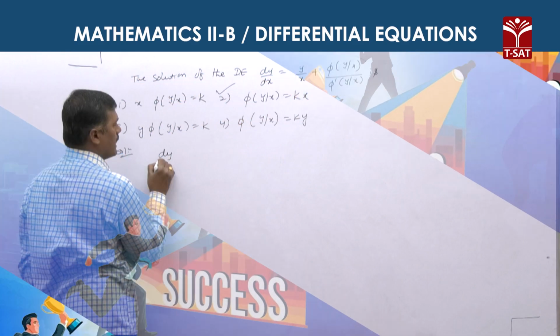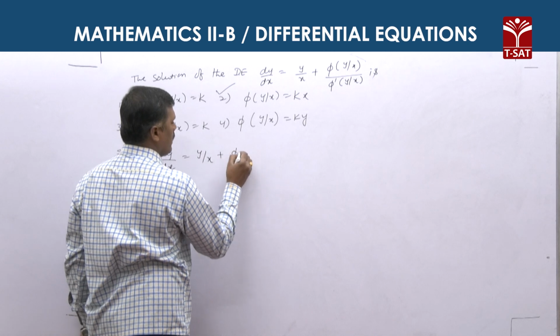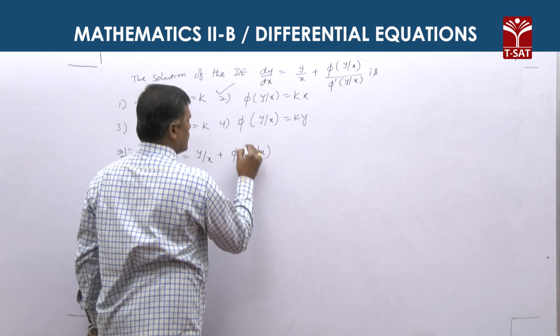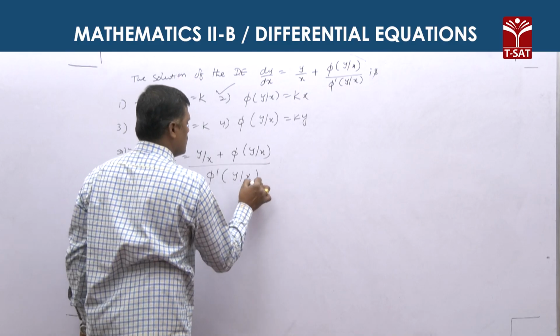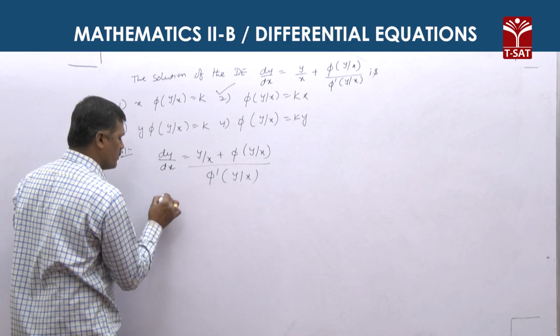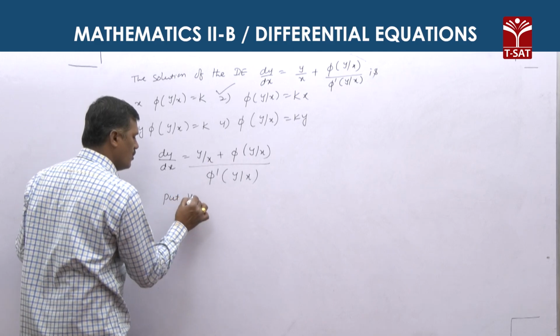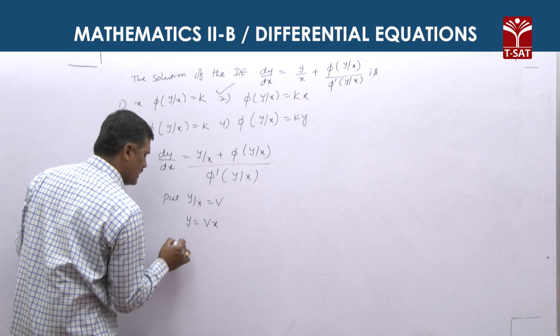Solution: dy by dx is equal to y by x plus phi of y by x by phi dash of y by x. The given equation is in the form of a homogeneous equation in y by x. Put y by x equal to v, so y is equal to vx.